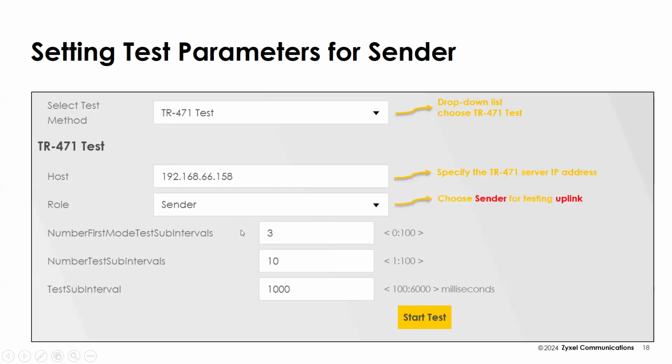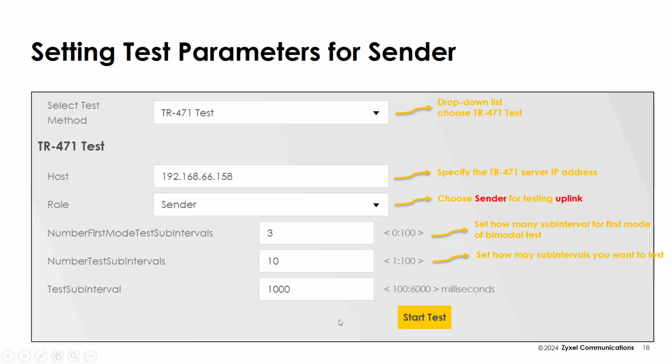Okay. And also we can decide the total number of test subintervals we would like to perform in this test. For example, if we want to have a total of 10 subintervals in the test, we can enter the value 10 here. And what's more, we can also decide what the test subinterval length will be in each interval.